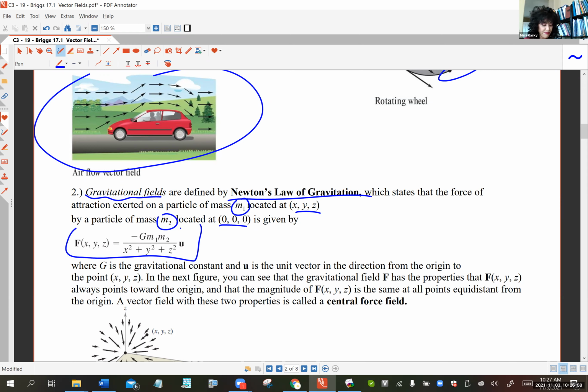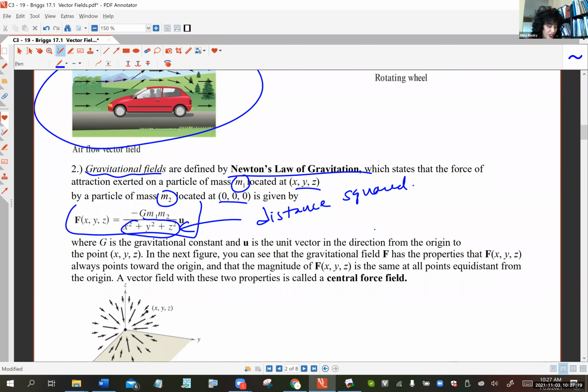Notice that the denominator, x squared plus y squared plus z squared, is actually the distance between the two points squared. So it's a distance squared. And notice that there's an inverse relationship there. So the bigger the distance, the smaller the vector will be.